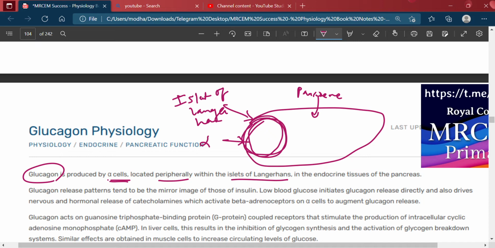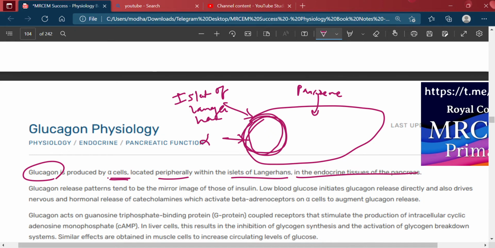In the endocrine tissue of the pancreas, glucagon release patterns tend to be the mirror image of those of insulin.